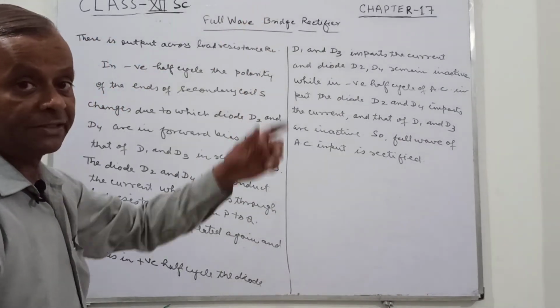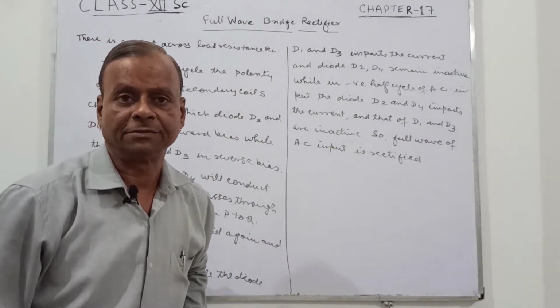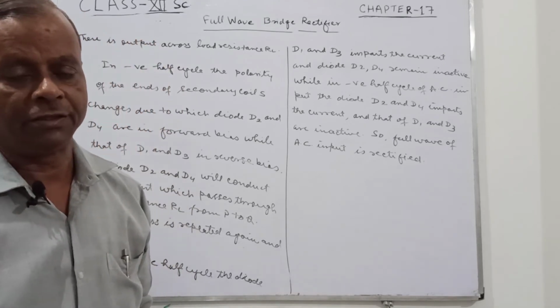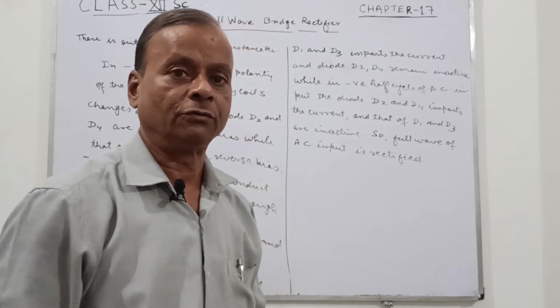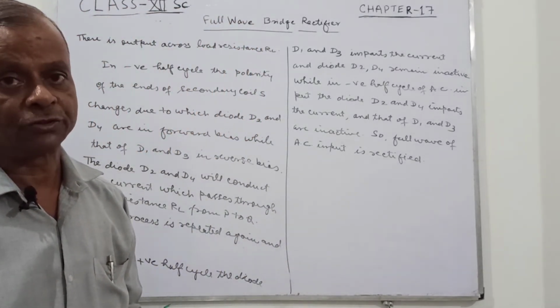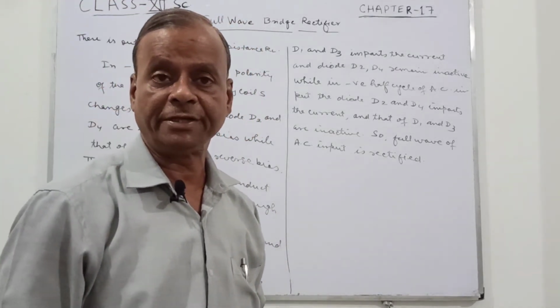And it should be remembered that the voltage applied by the secondary coil should not exceed the Zener voltage, because beyond this the diodes may be damaged.